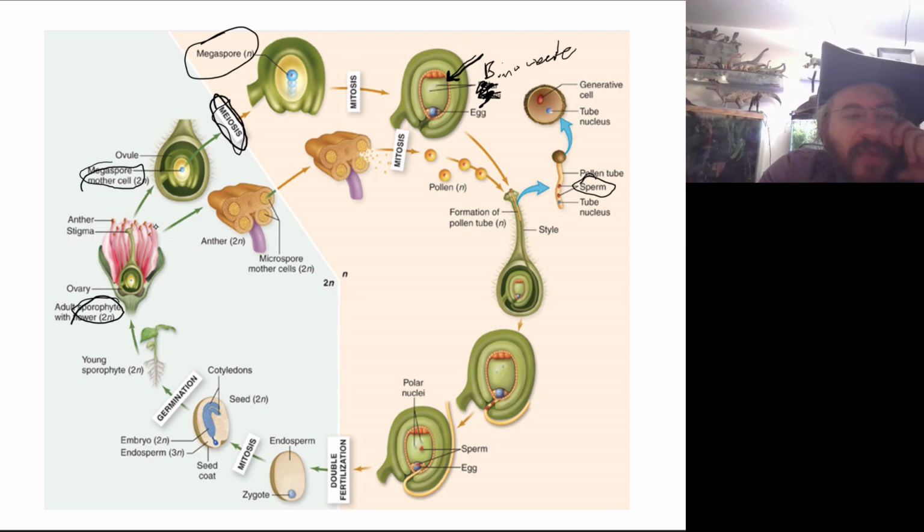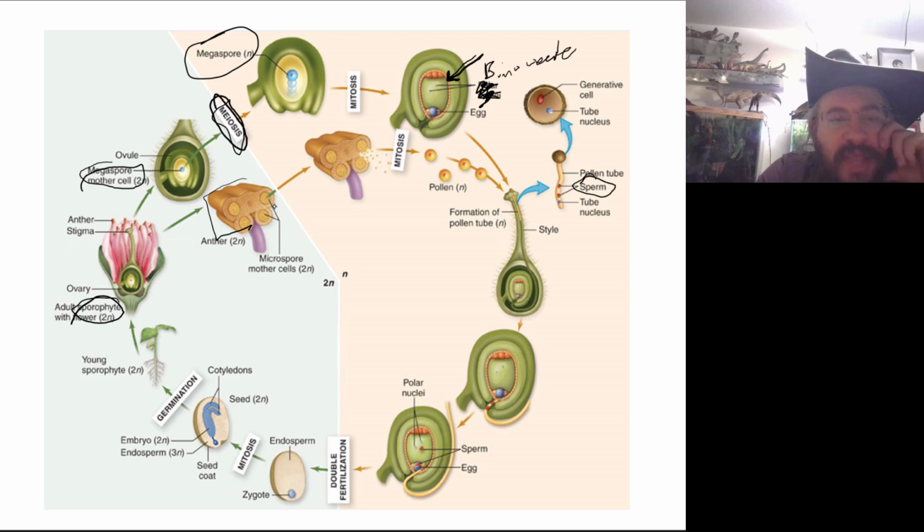Go back here to our male structure, which is simply a filament and an anther. Here's the anther, which produces the microsporangia, which contains the microspore mother cells, the microsporocytes, interchangeable term. Right?